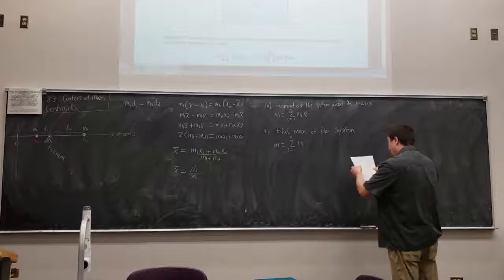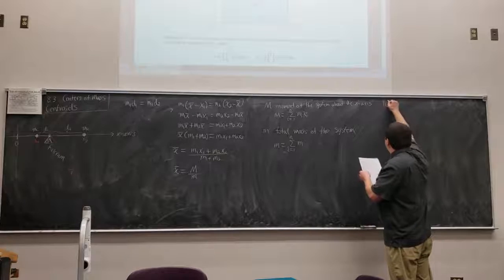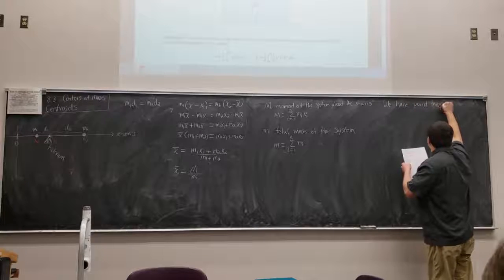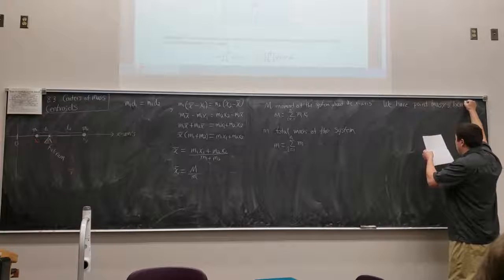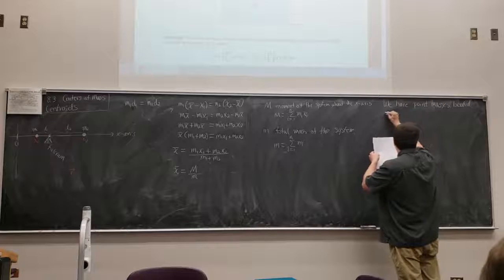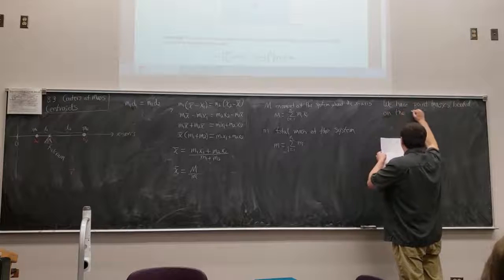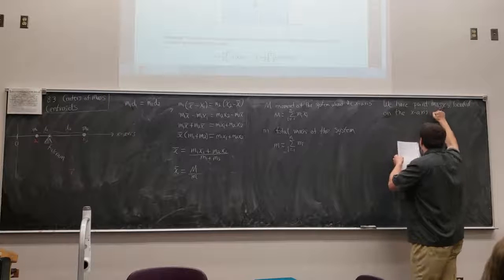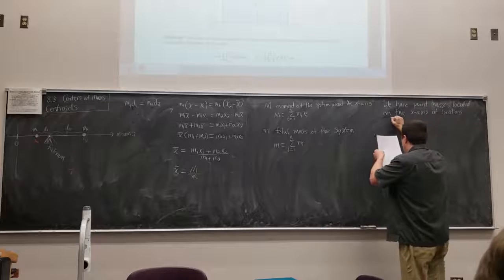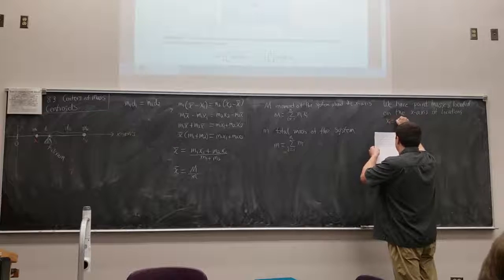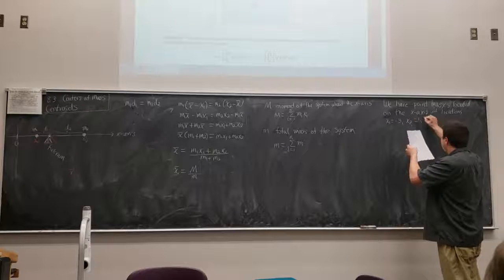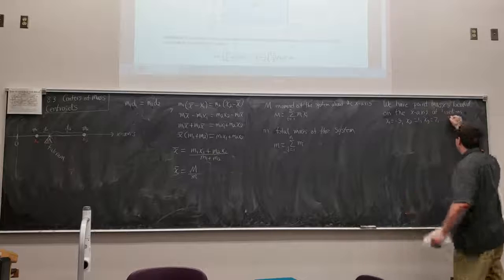So we can say for example number 1, we have point masses located on the x-axis at locations x1 is -3, x2 is equal to 1, and x3 is equal to 7.